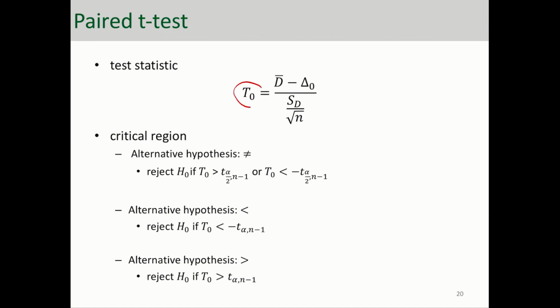The test statistic is T naught, and here you can see that you have d bar, delta naught, which is typically 0, the standard deviation of differences, and the sample size, how many pairs of data essentially. Then you compare the test statistic with the critical region. You're probably familiar with these critical regions by now. For a two-sided test or a one-sided test, you have different critical regions.